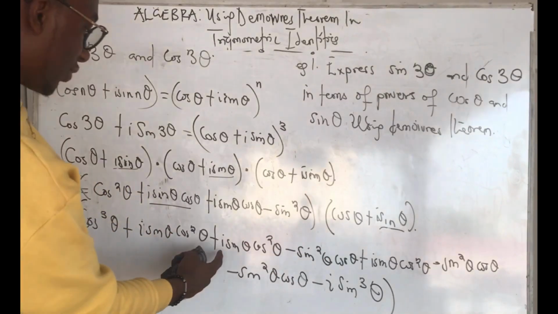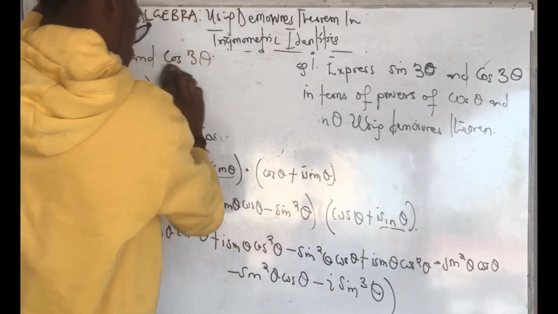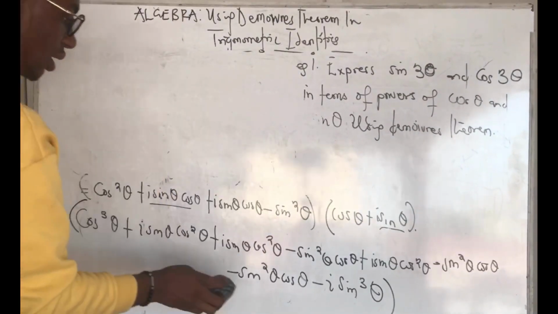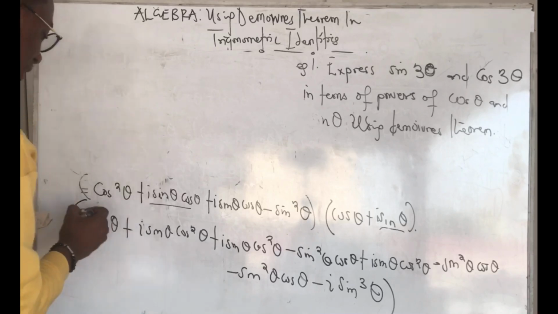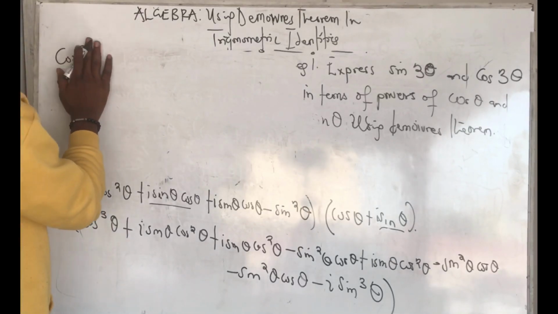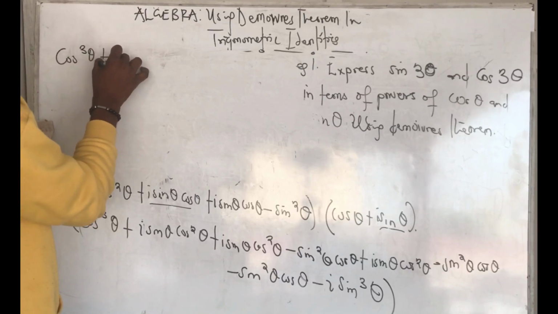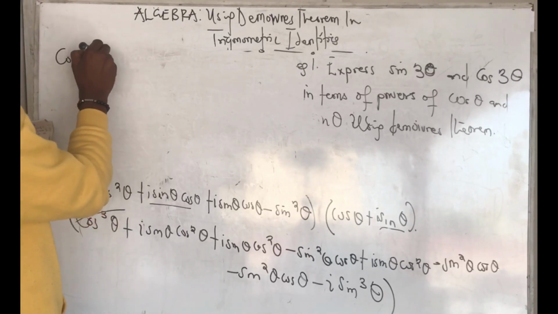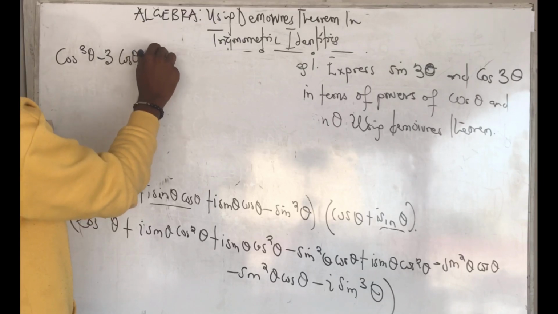Now realize that some of them still have the i there, and some of them don't have the i. So let me clean this side and see how we can do that. For those with no i, when you summarize everything, you get cos cube theta plus cos cube theta, which is here, minus 3 cos theta sin square theta.